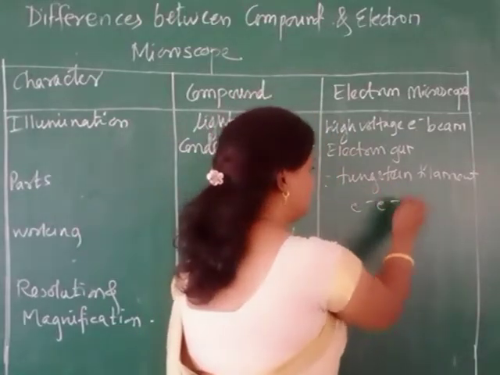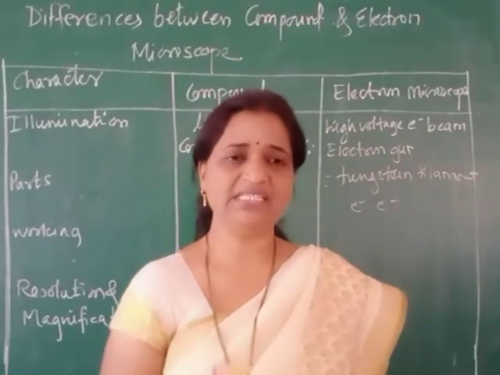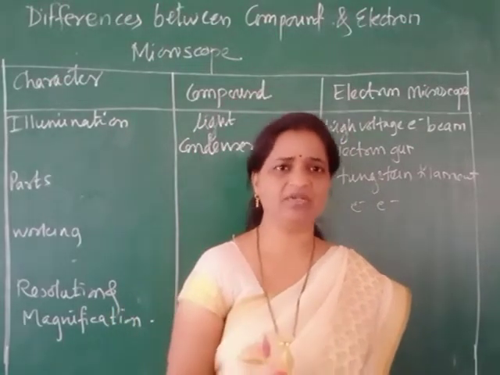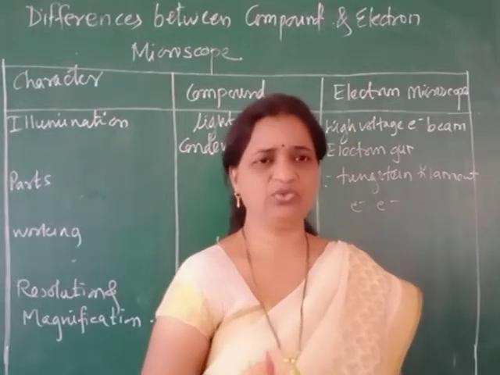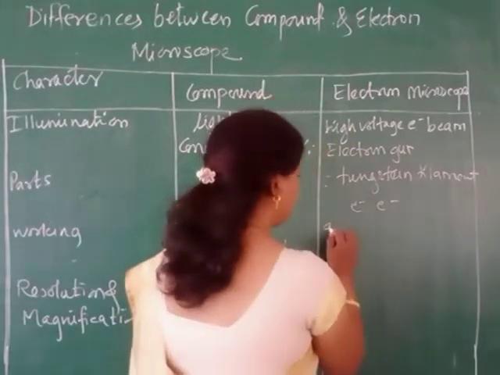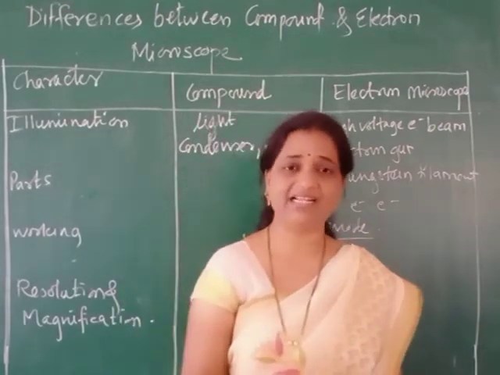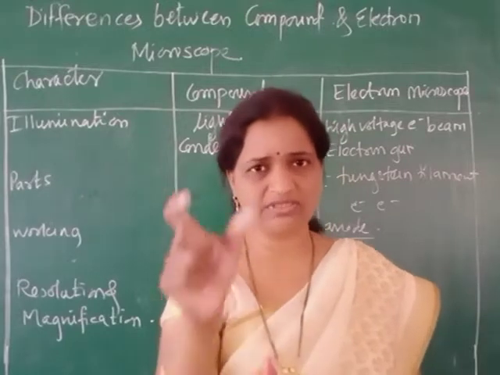These electrons are given high voltage, and that high voltage pulls the electrons into the microscope. A positively charged anode directs that high voltage electron beam towards our microscope.